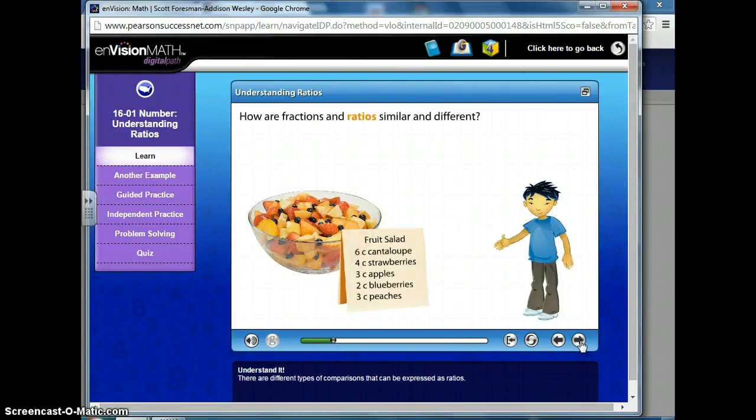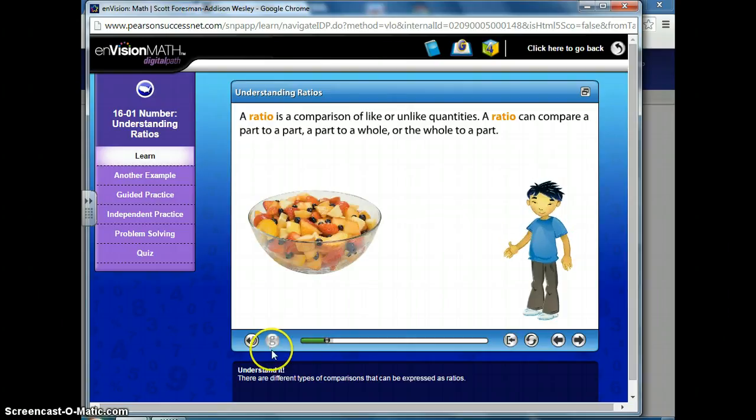How are fractions and ratios similar and different? Okay. How are they alike? If I go back to this definition, a ratio is a comparison of like or unlike quantities. A ratio can compare a part to a part, a part to a whole, or the whole to a part.